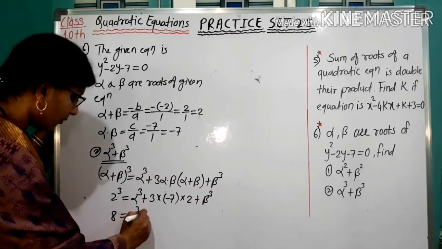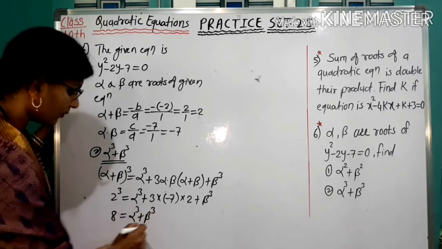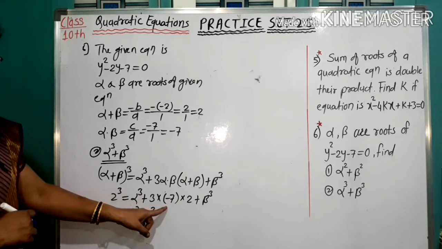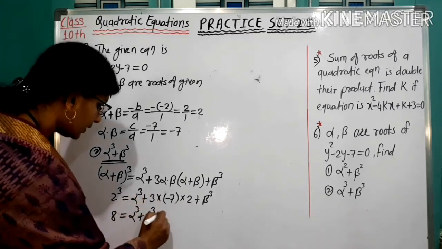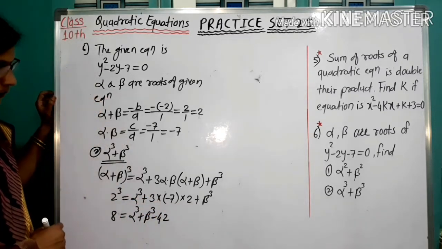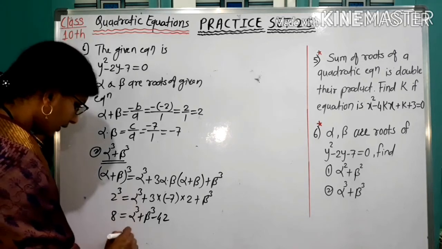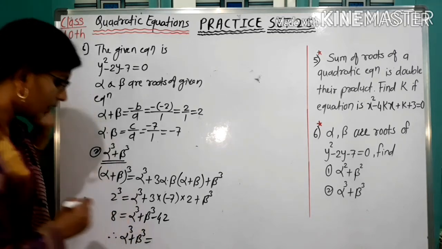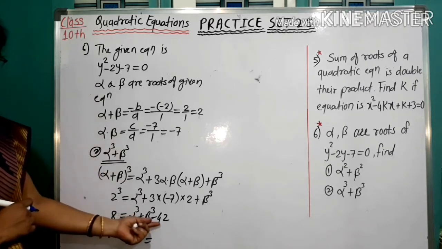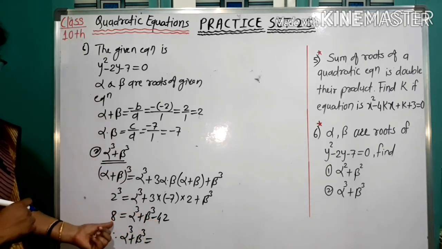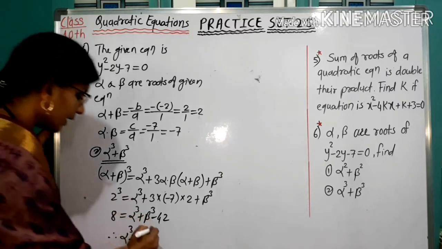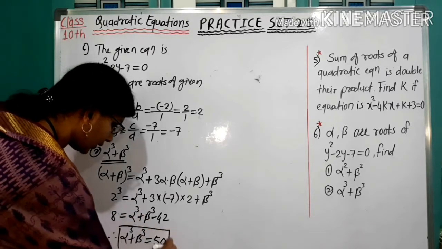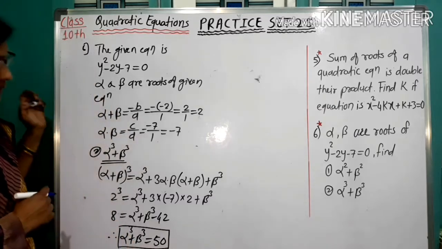Then we solve this: 3 into 2 is 6, 6 into 7 is minus 42. Therefore alpha cube plus beta cube equals 8 minus 42, here plus 42, 8 plus 42, that is 50. So the value of alpha cube plus beta cube is 50.